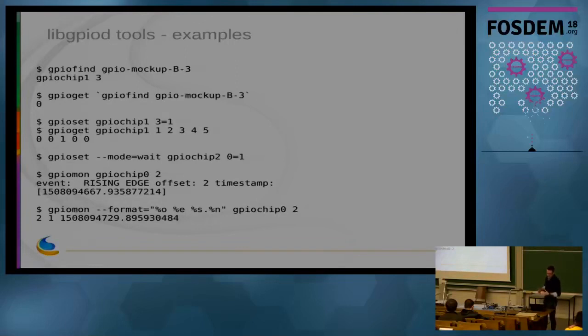If you want to parse these events in scripts or in programs, it might be useful to use a specific format, and it's documented in the README. You can specify your custom format of how the events should be printed, which is useful when you don't want a really long string.